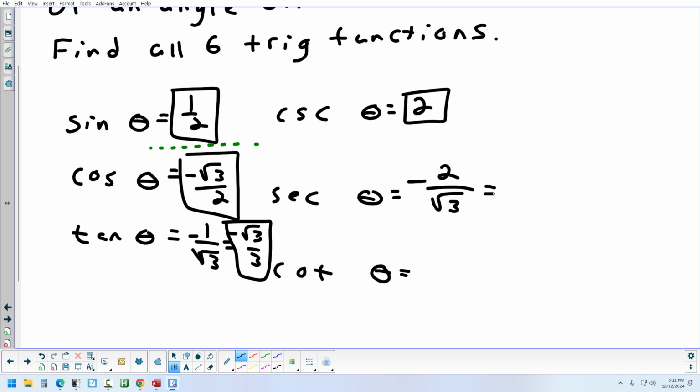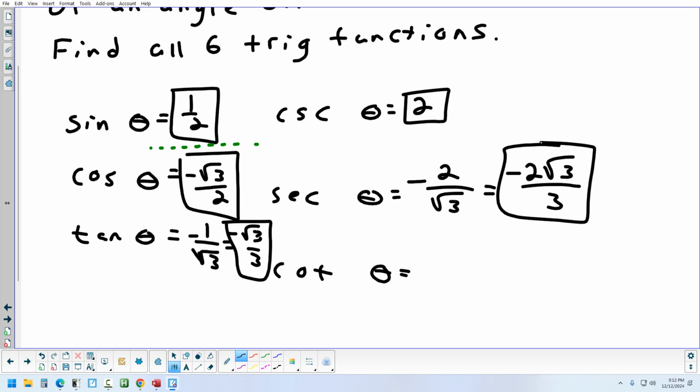And now I need the final step when we fix that so the root's not in the bottom. You multiply. So negative 2 root 3 over 3. Oh, okay.